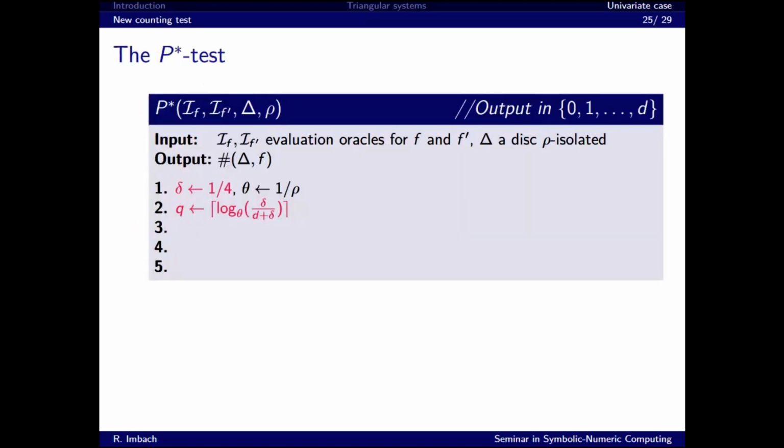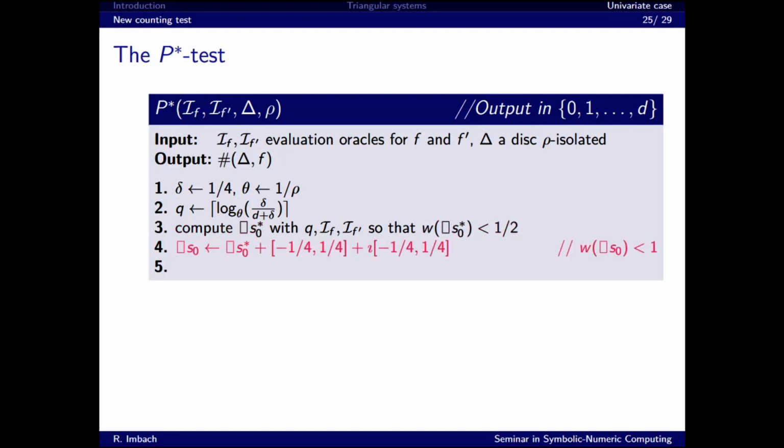Well, and now this is our P-star test. So for input, the complex disk Delta, the isolation ratio rho, and evaluation oracles for f and its derivative, we first choose an error delta that is a quarter, and then we deduce from this formula the number of points q on which we have to evaluate our polynomial. Then we use q and our evaluation oracles to obtain an interval containing S0 star with a width less than a half.